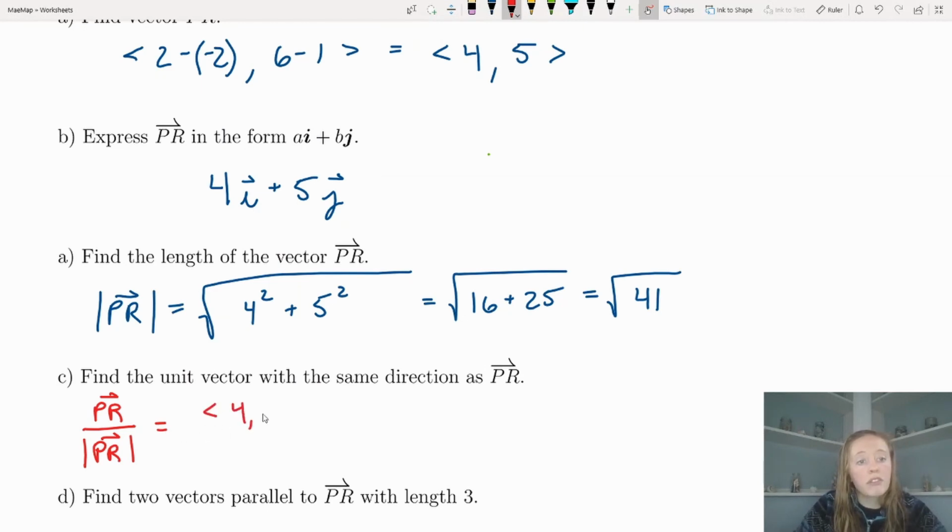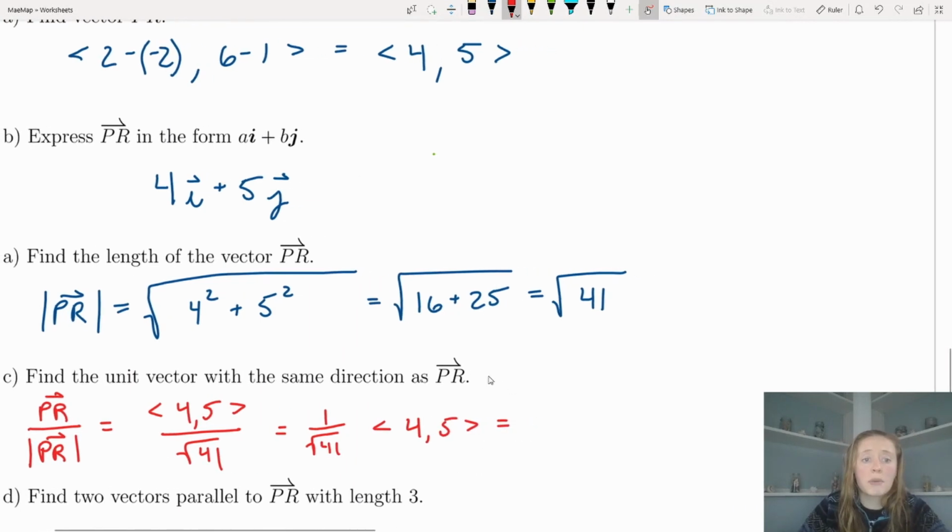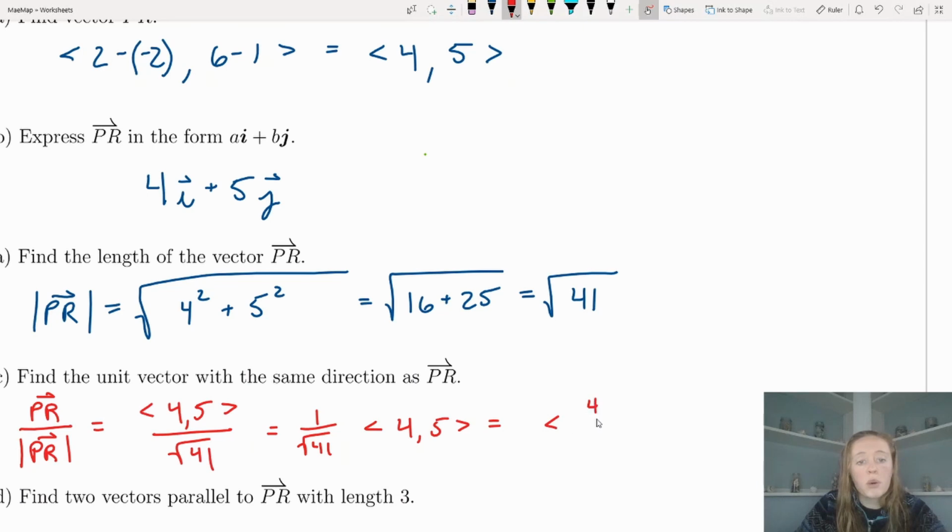So we'll take <4, 5> and divide it by the square root of 41. Now you can leave it as this, or you can write it as 1 over the square root of 41 out in front of our vector <4, 5>, or feel free to distribute it in. So that's going to be <4 over the square root of 41, 5 over the square root of 41>. That's a unit vector in that same direction as PR.